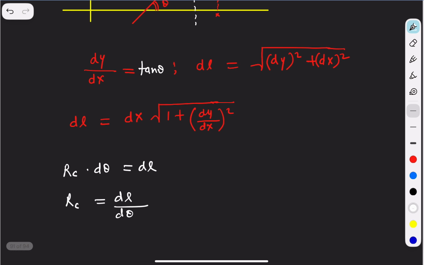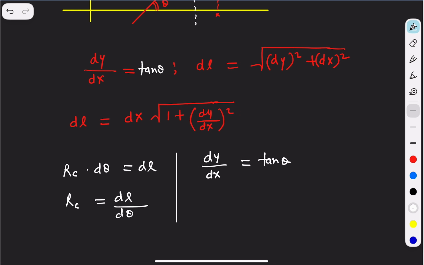We need to eliminate that d theta. If we can eliminate d theta in the equation, then I think our job would be done. So dy by dx is equal to tan theta. Now let me differentiate this.